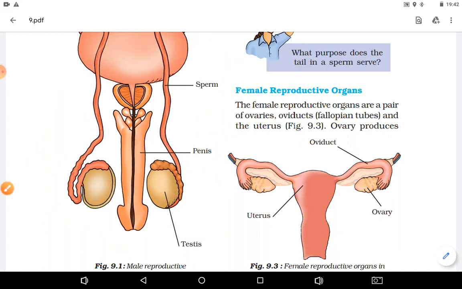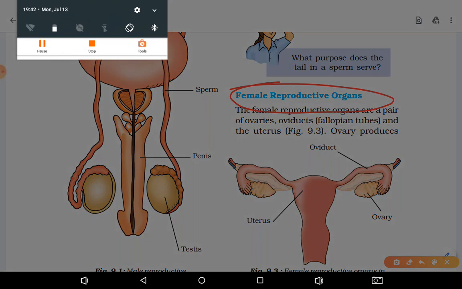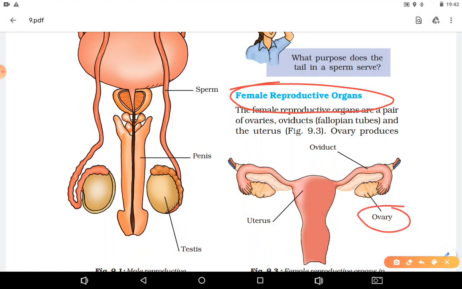Then we have studied the female reproductive system. The female reproductive system contains a pair of ovaries. That part is known as the uterus. These are the oviducts, and these structures are known as the fallopian tube.